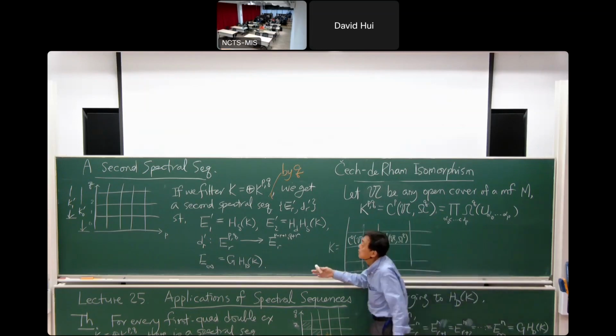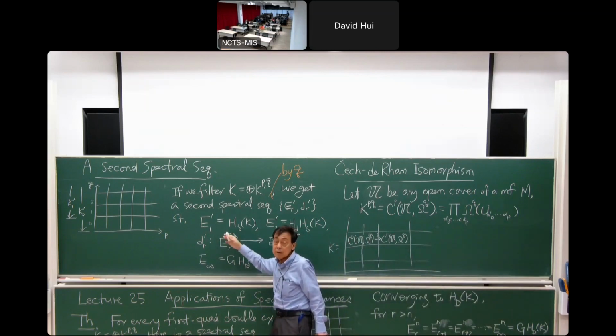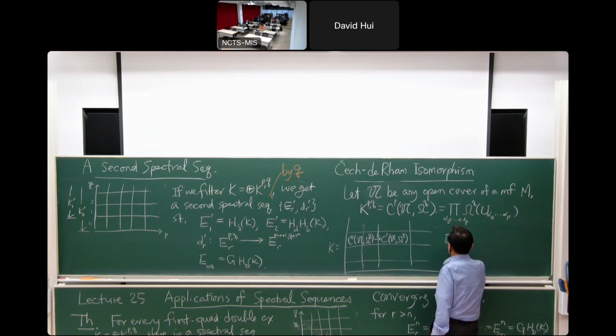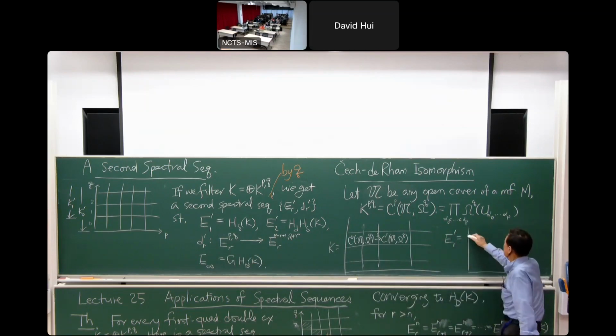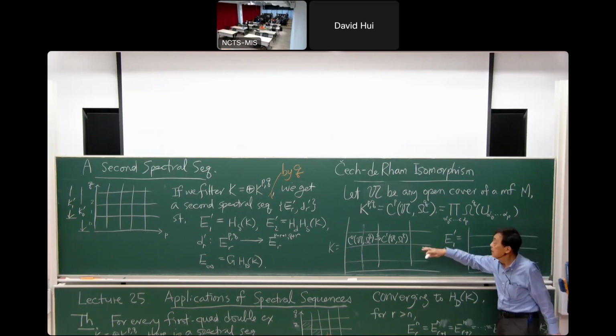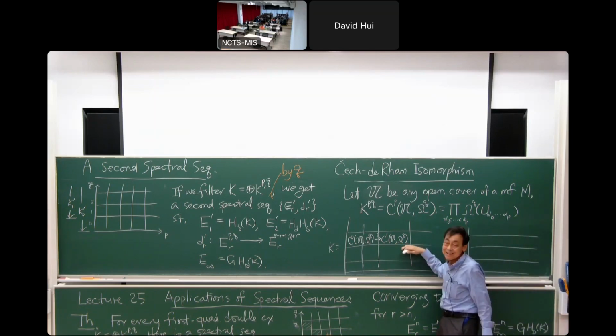So let's first compute E1 prime. E1 prime is H_δ. What is E1 prime going to be? You take each row and you take the δ cohomology, the Čech cohomology.